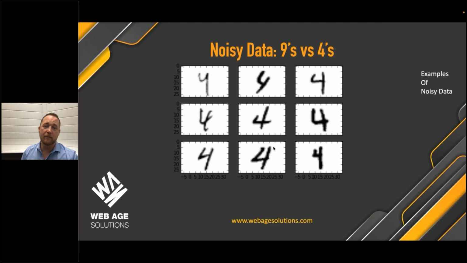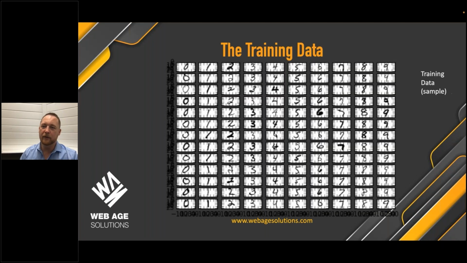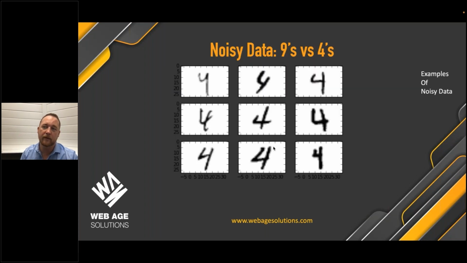Specifically, a couple of examples that were problematic in the dataset are these 4s, I believe. You also have to keep in mind that when you go to the original data, some of those might even be mislabeled. So there is noise in the data. It is an imperfect system, and the machine learning model will be imperfect.